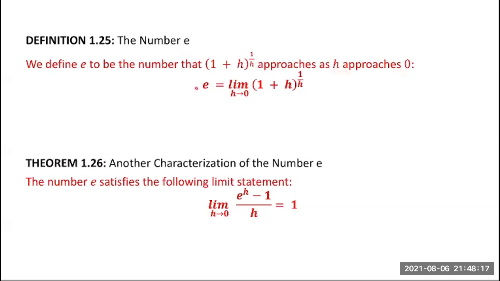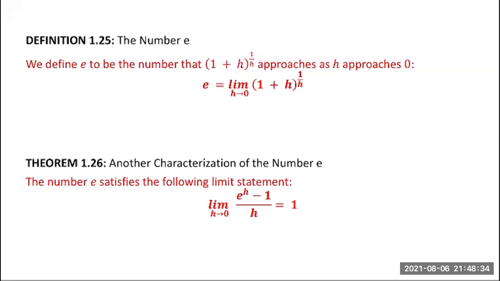That means e is defined as the limit as h approaches 0 of 1 plus h to the power 1 over h. All right, so this is how we define this number e.